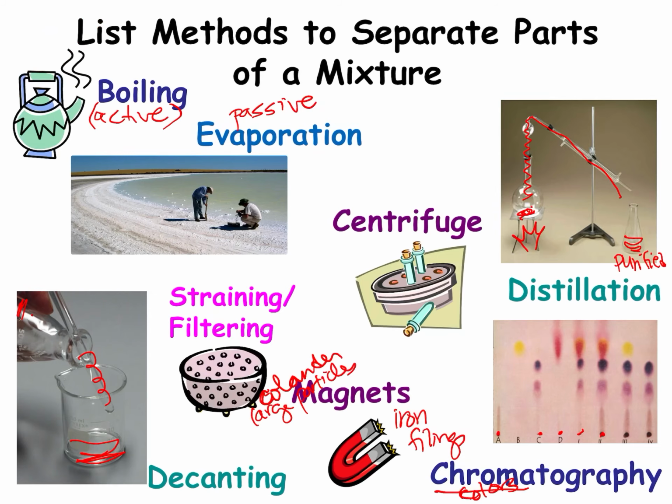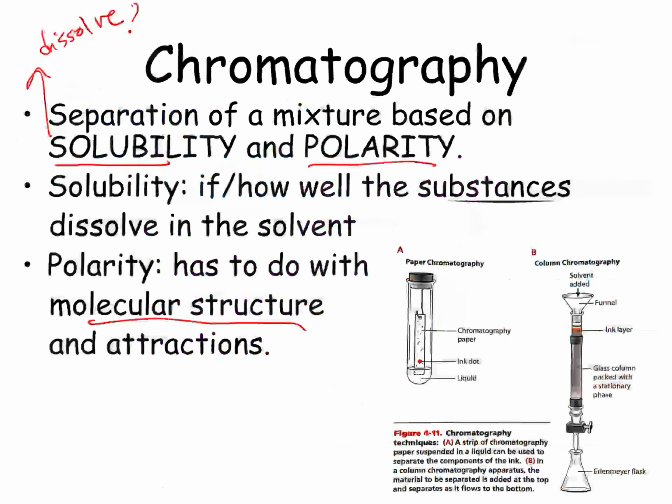There's the paper chromatography in the lower right. So you have your liquid solvent, sometimes water, sometimes alcohol. You have your ink dot, and using capillary action, it's going to flow up. Then we have something that you might see in a college lab or maybe an industrial lab, column chromatography. That's a little bit more in depth. We won't be getting to that in this class. Okay, thank you.